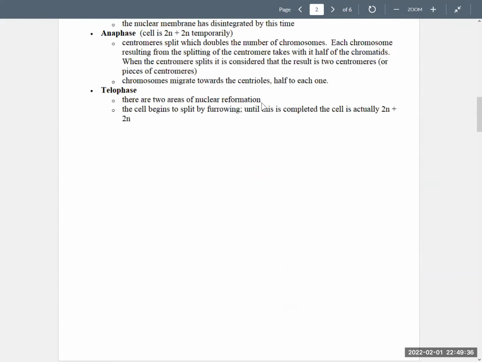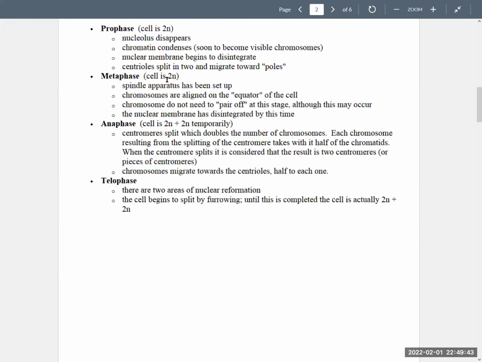The second phase is metaphase. In metaphase, the cell is also going to be diploid. The spindle apparatus has been set up. Chromosomes are aligned on the equator or equatorial disc of the cell. The chromosomes do not need to pair off at this stage.